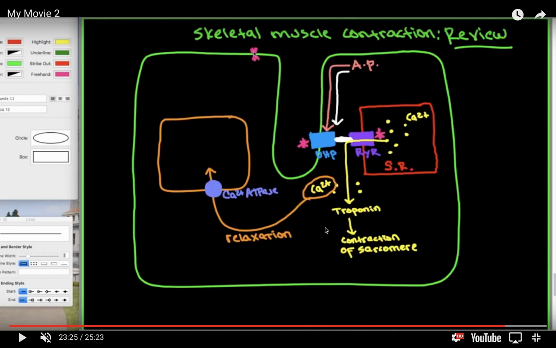There's an SR, there's calcium, there's troponin, there's sarcomeres, we have calcium ATPase. But you're going to see that something is different about DHP in cardiac contractile cells. Something is a little bit different about RYR. And then there's this weird protein up here on the surface of cardiac muscle that we don't have in skeletal muscle.